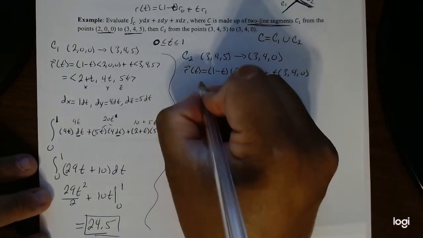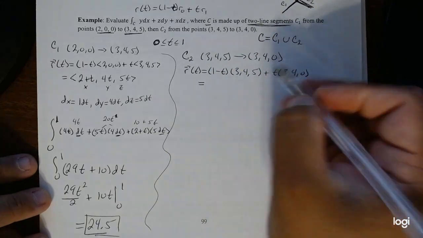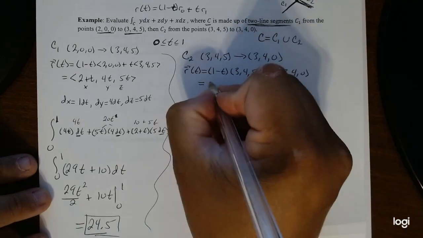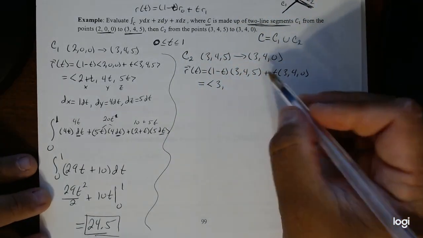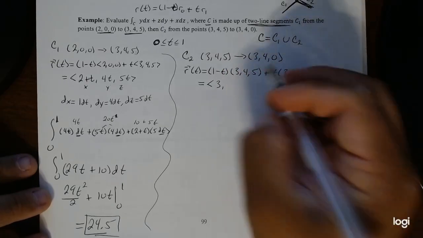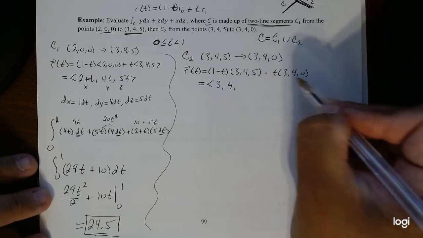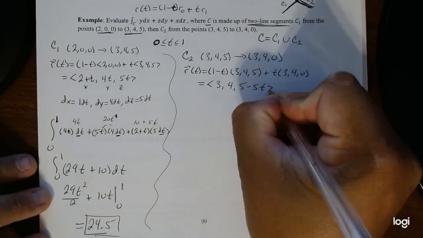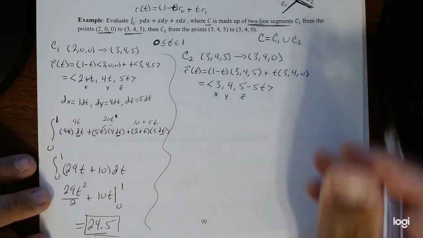Okay. And again, distributing this 3 and then adding 3. Notice the 3's end up canceling. We'll just get 3. Notice again the 4's end up canceling with the t, so we just get 4. And now for the 5's, it's plus 0, so it's just going to be 5 minus 5t for the z. So this is going to be x, y, and z.